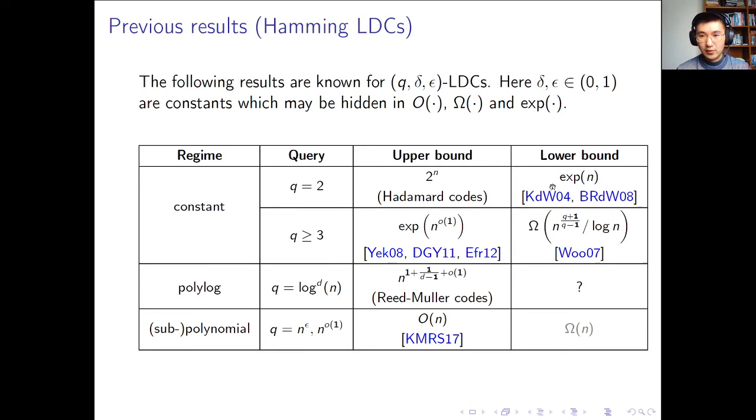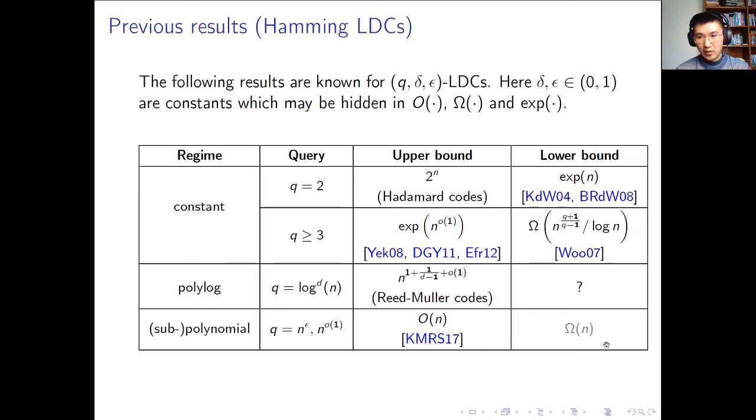So for q equals 2, that's good. For general q, the current best upper bound is only slightly sub-exponential in n, whereas the current best lower bound is only slightly super linear, especially when q is large. This is very close to linear. So there's a huge gap between the current best upper and lower bounds.